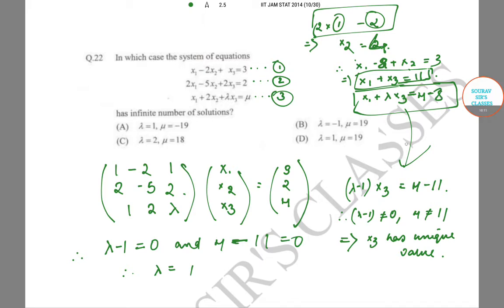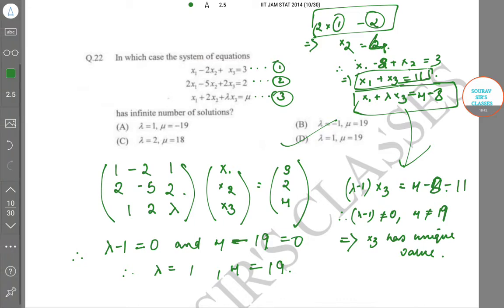So here after subtracting we get lambda minus 1 times x3 equal to mu minus 8 minus 11, so that is mu minus 19. So lambda equal to 1 and mu is equal to 19, and so D is our correct answer of this problem. I'm sorry for the mess up.